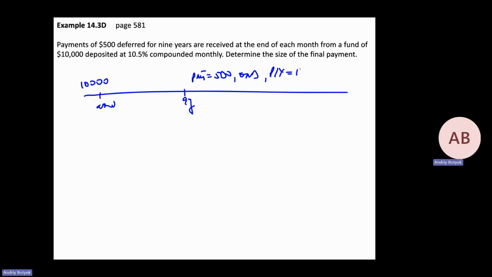PY 12. And what is it? J12, 10.5%. So what's the first step? We find the present value of payments, right? No, the future value of 10,000. Nine years, monthly, 9 times 12, 108.